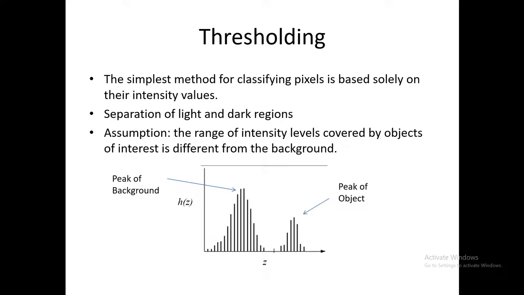Here we assume that the object is bright and the background is dark, so the pixels which are grouped into the lower intensity region belong to the background.